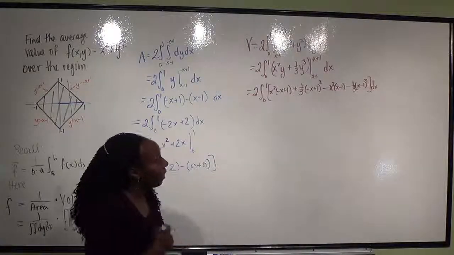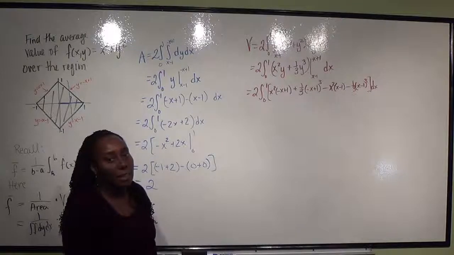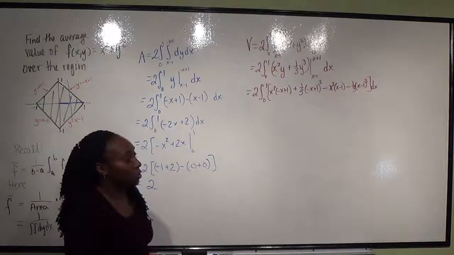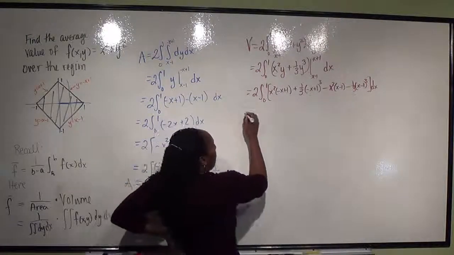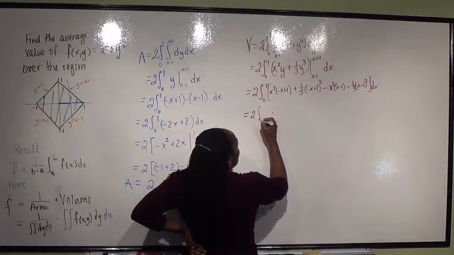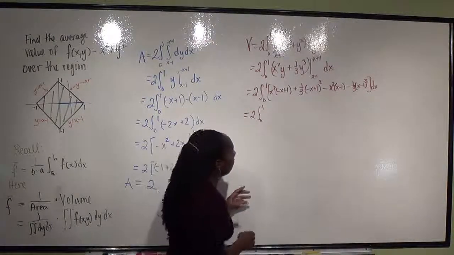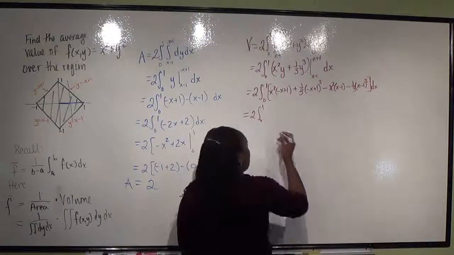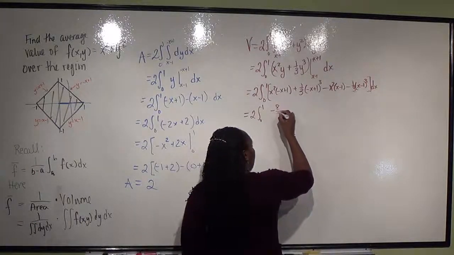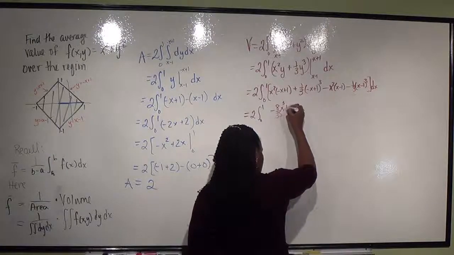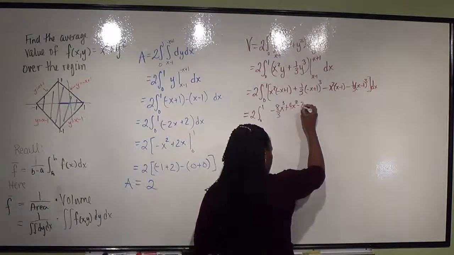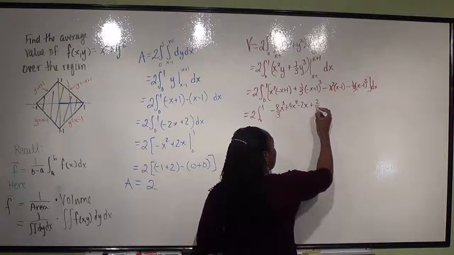And here I would definitely recommend cleaning up before you continue on. So expanding, again, definitely want to clean it up before we keep going. So expanding this, we're going to get a negative 8/3 x cubed, 4x squared minus 2x plus 2/3.